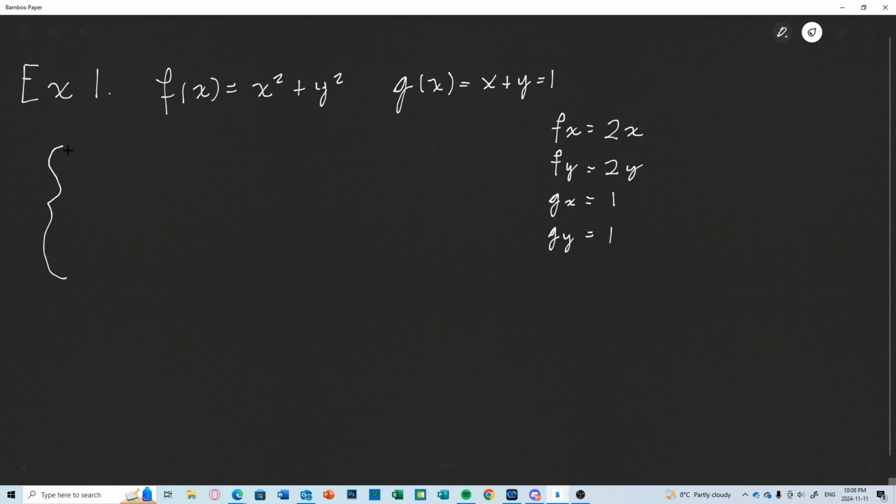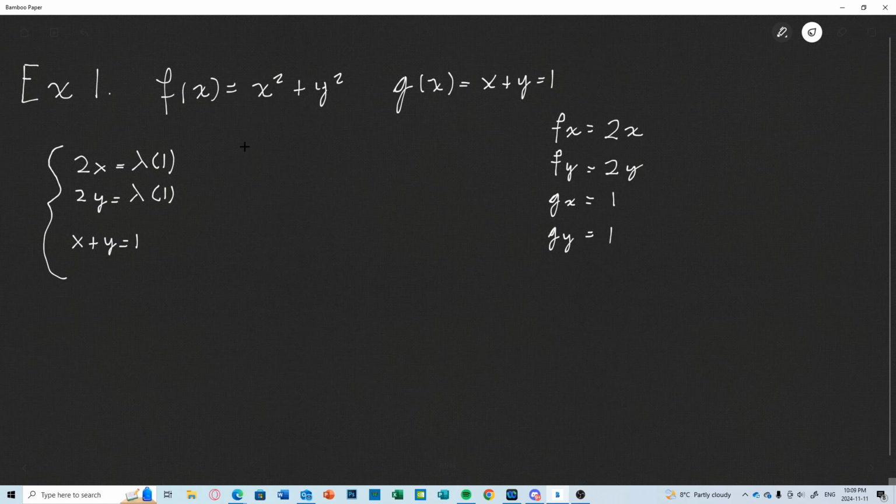Now this gives us f sub x, which is 2x, equaling lambda times g sub x, which is 1. Then f sub y, which is 2y, equals lambda multiplied by 1. And finally, we write our constraint, x plus y is equal to 1.